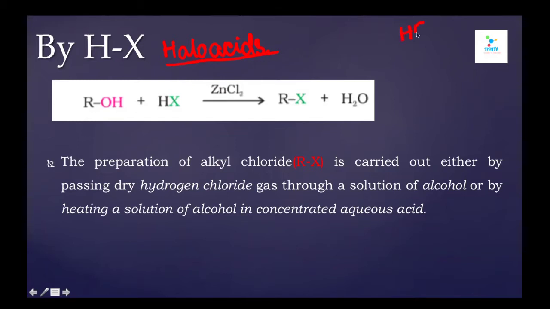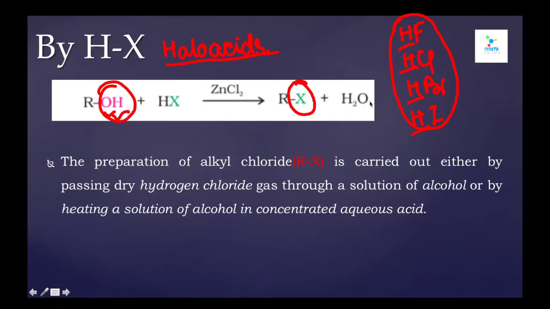Haloacids means HF, HCl, HBr, HI, etc. All the halide groups with one hydrogen are called haloacids. When a haloacid is treated with an alcohol, the alcoholic OH part is replaced by the halide, and one water molecule is also formed.